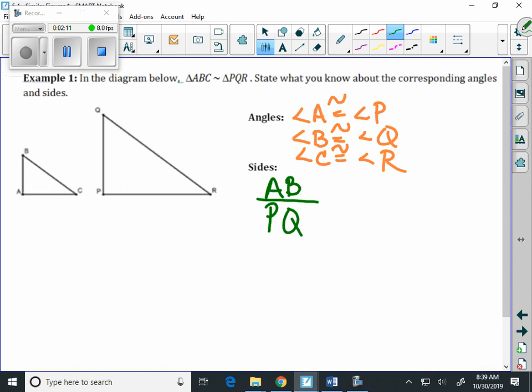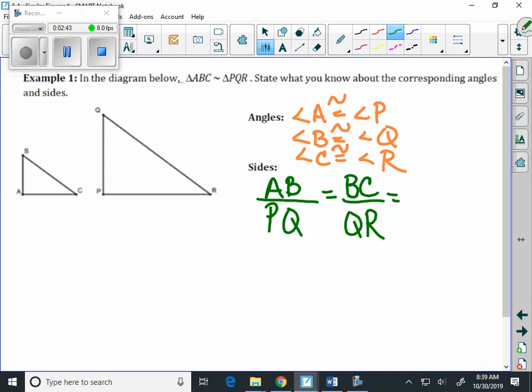Notice, AB is the first in the list of triangle ABC, and PQ are the first two letters in that second triangle. And the same thing, we can say BC equals QR. Look at the placement of where they are. BC, second and third, QR, second and third.